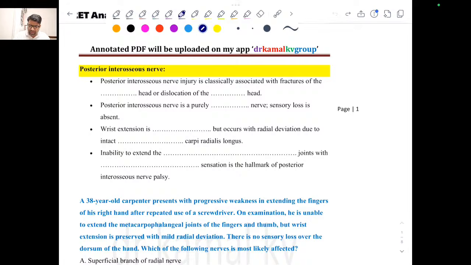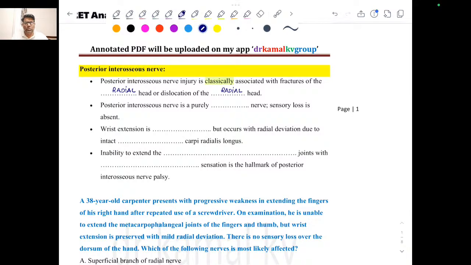Now, posterior interosseous nerve is classically associated with fractures of the radial head or dislocation of the radial head.